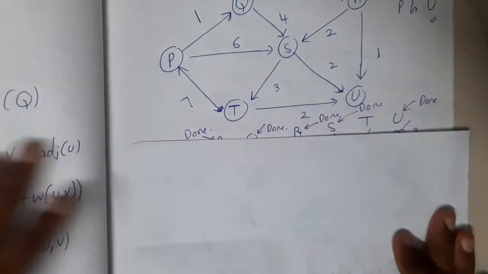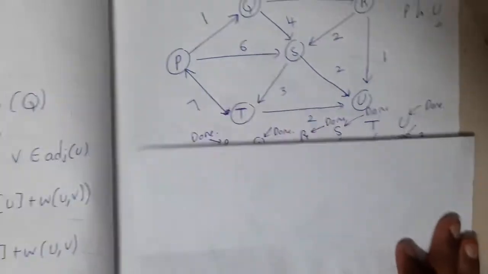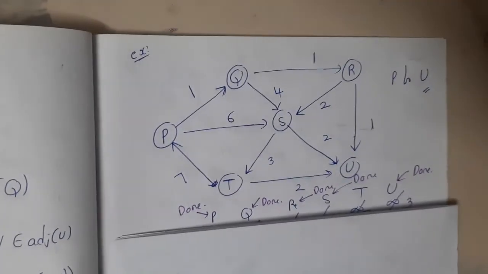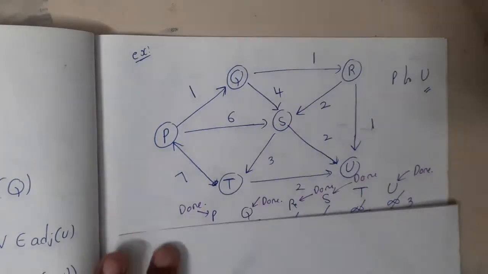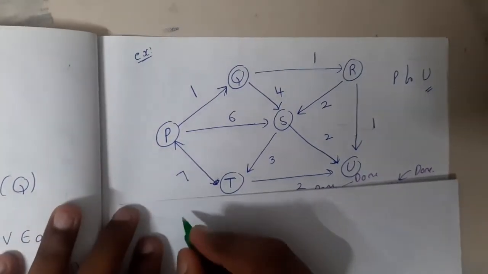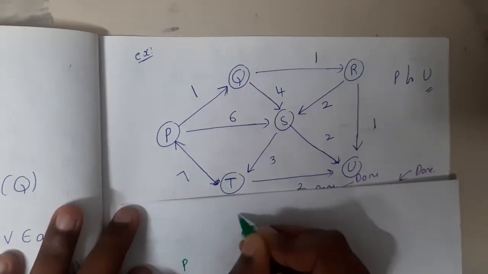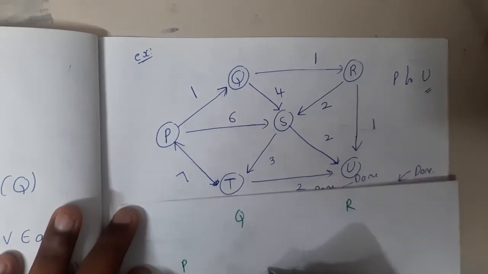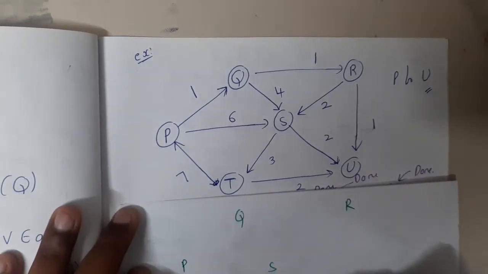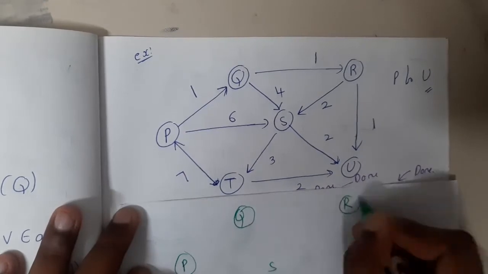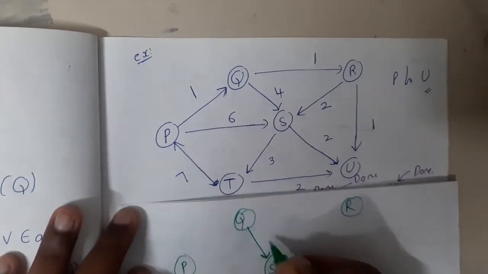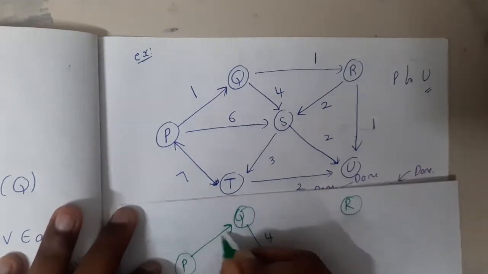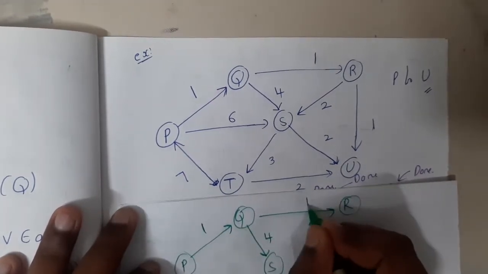Here our question is to find the path from P to U, and they are also asking for the cost and the path, the minimum cost path. Let me draw the diagram first: P, Q, R, S, T and U. Remember, whenever you want to apply Dijkstra's algorithm, the graph should be a directed graph and the weights should always be positive, guys.